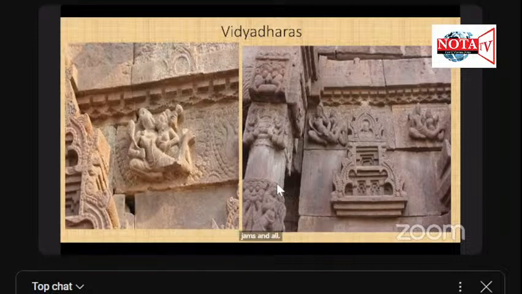And these are Vidyadharas, which are found almost near the ceiling of the temple, near the brackets. So you can see these Vidyadharas in amorous positions. And the beauty of this is the sculptor did not leave any space.